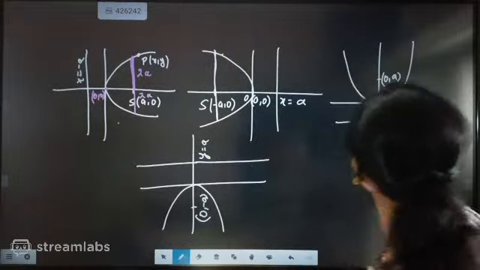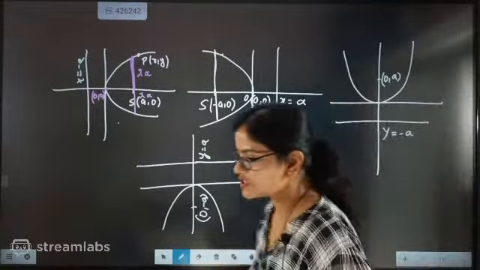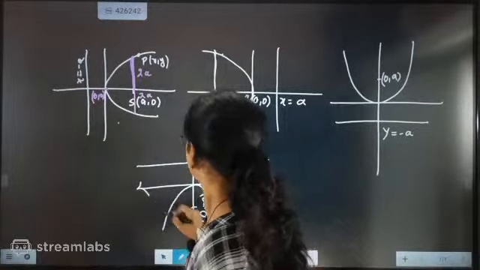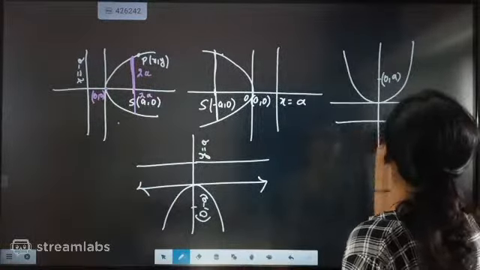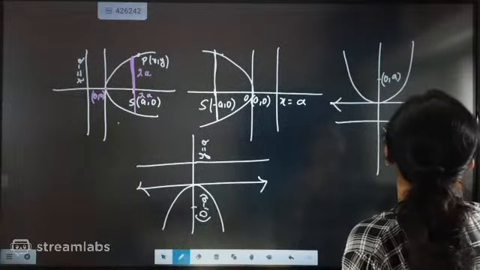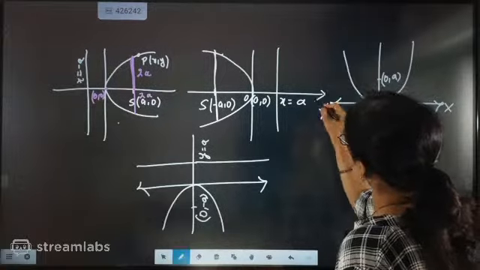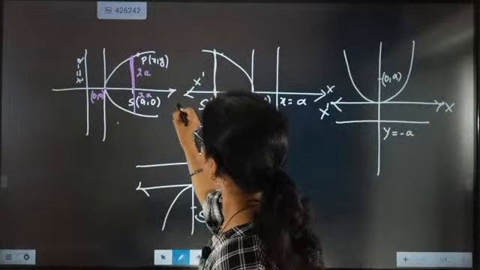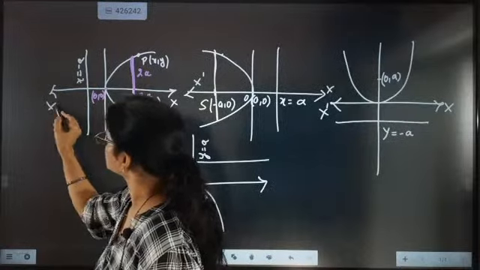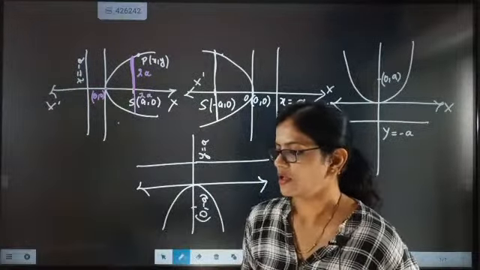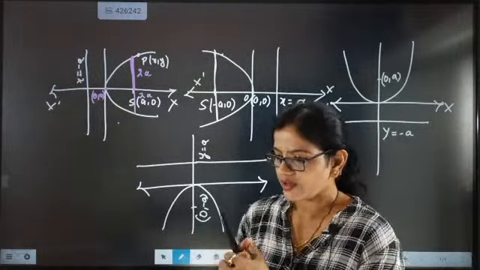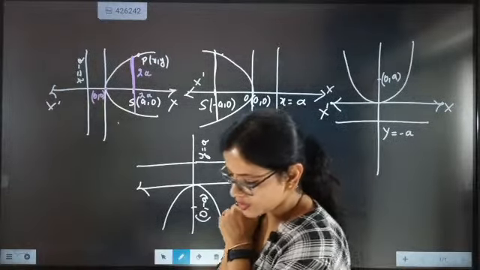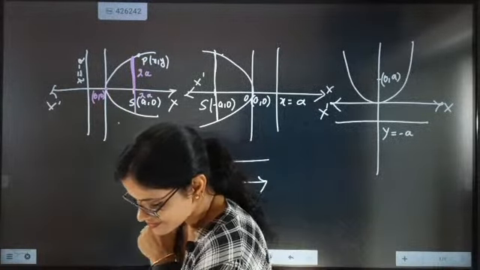So this one is coming as y equal to minus a, that one is coming as y equal to a. x dash, x dash. Fine. So what we are going to do here? Nothing. We got this point.